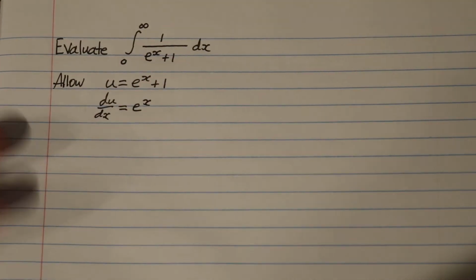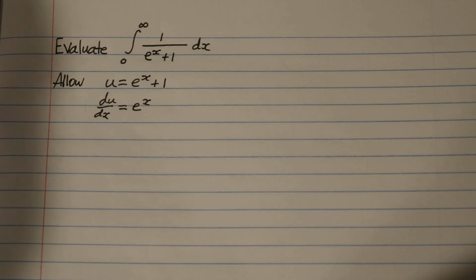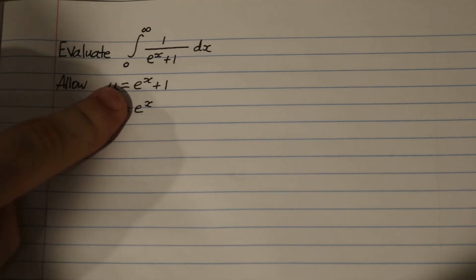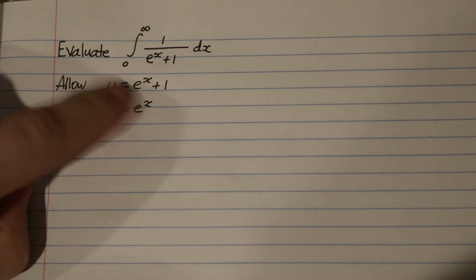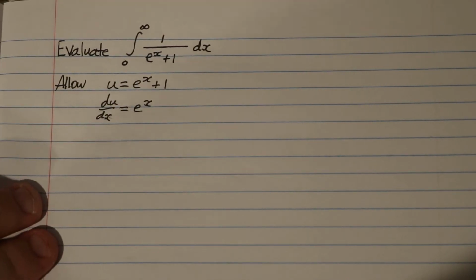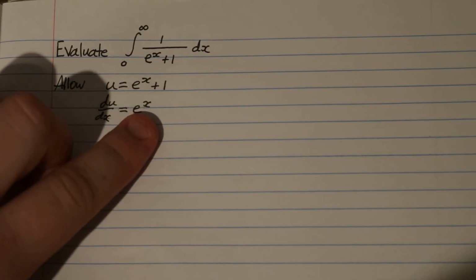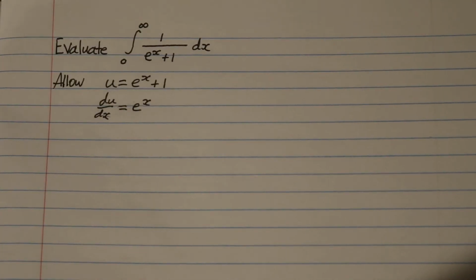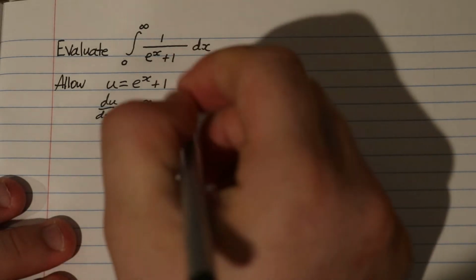Now this doesn't really help us at the moment, but what we can do is look at this term here and subtract 1 from both sides, and that would allow u minus 1 to equal e to the x, and then we can substitute it into our integral in terms of u. So let me show you what I mean.